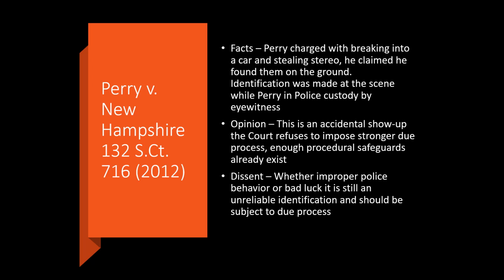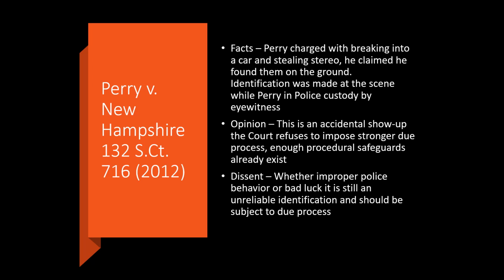The opinion of the court said this was an accidental show-up. We're not going to impose a stronger duty of process. Enough procedural safeguards are here. Now, there's some contention here, and this is an opinion by Ginsburg, if I'm not mistaken, and surprisingly so. But the dissent said whether it's improper or not, or bad luck, it's still unreliable to do these show-ups.